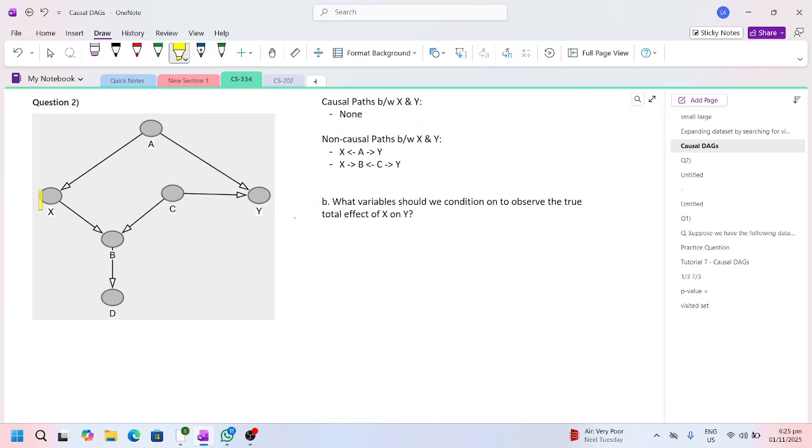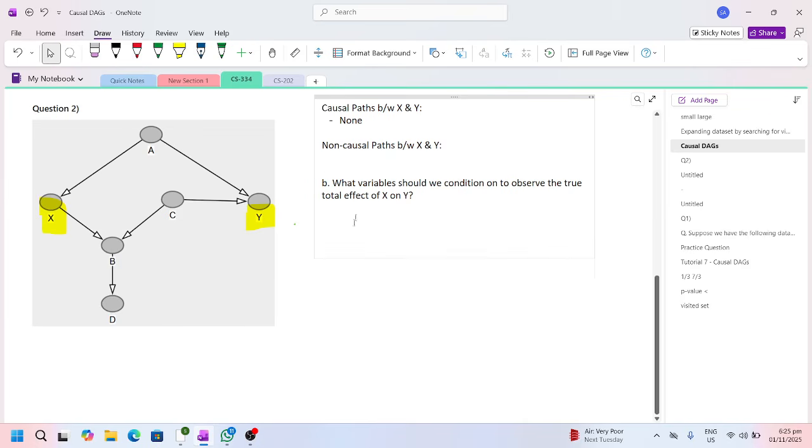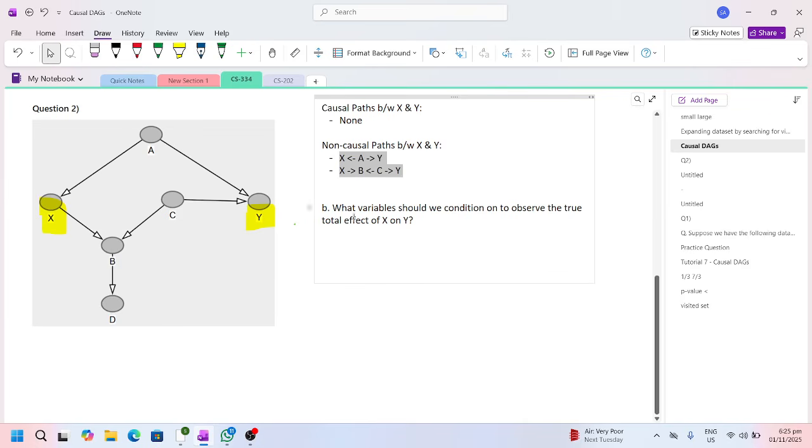Let's again recall quickly that you do not condition on a mediator, you condition on a fork, and you also do not condition on a collider. So between X and Y, we have already listed all the causal and non-causal paths, and in total, they are only these.